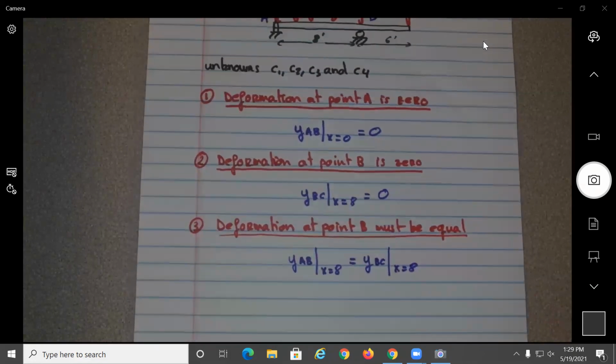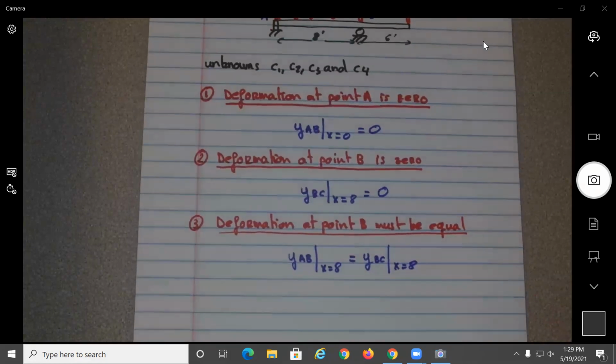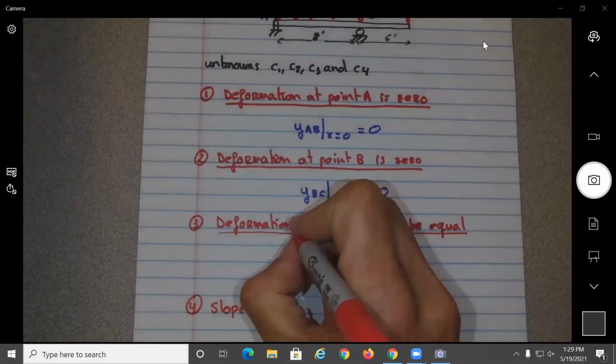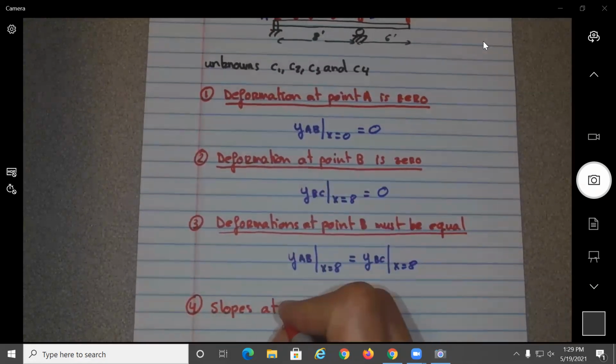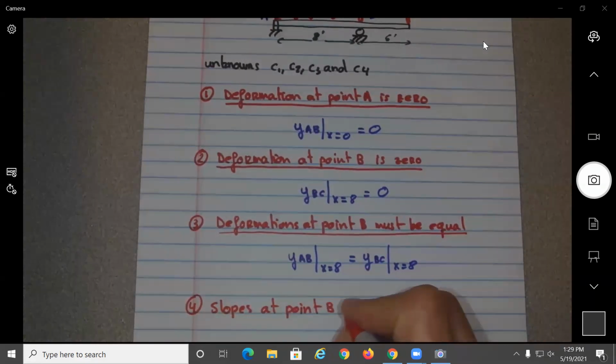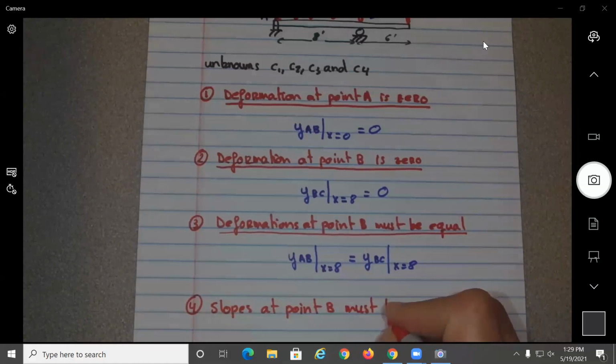And because the deformation is continuous, that means that the slope at that point also needs to be equal. So for slopes at point B must be equal.